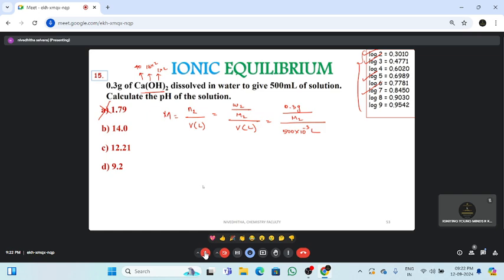First, tell me the molecular weight of calcium hydroxide. 74, ma'am. Okay, Marimuthu? 74, ma'am. Okay, fine. Now find the value of calcium hydroxide's concentration.